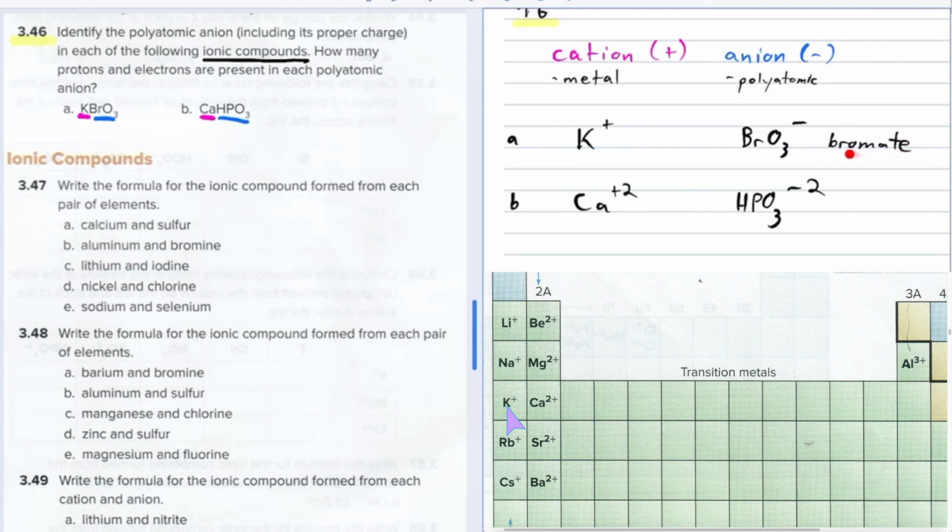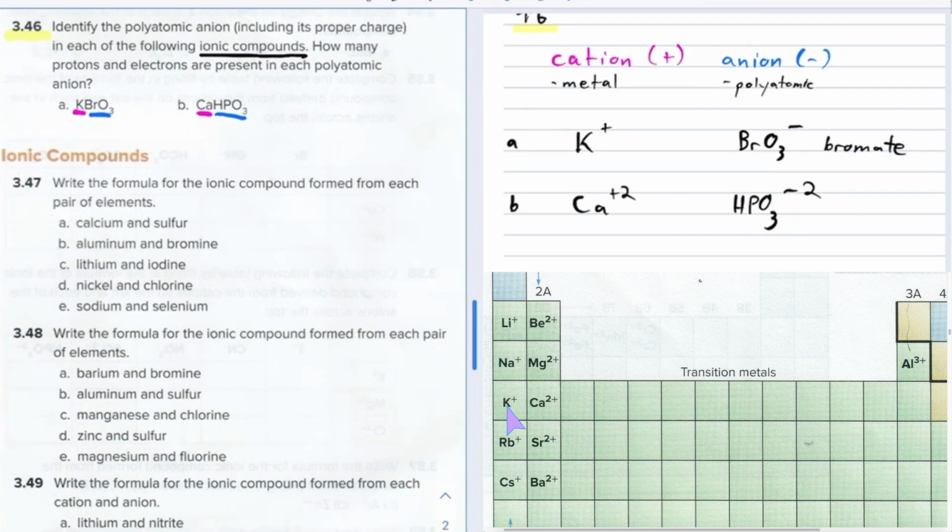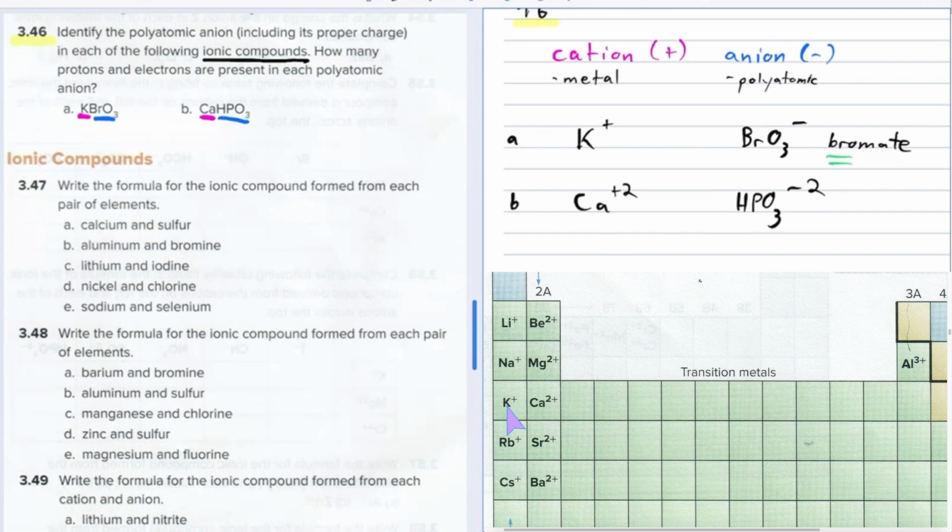Kind of a strange name. And this one right here is called hydrogen phosphite, or biphosphite, whatever.